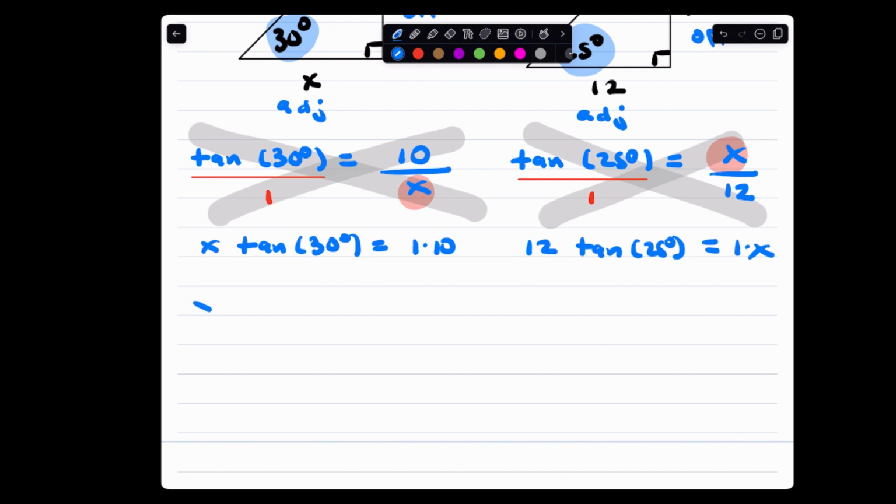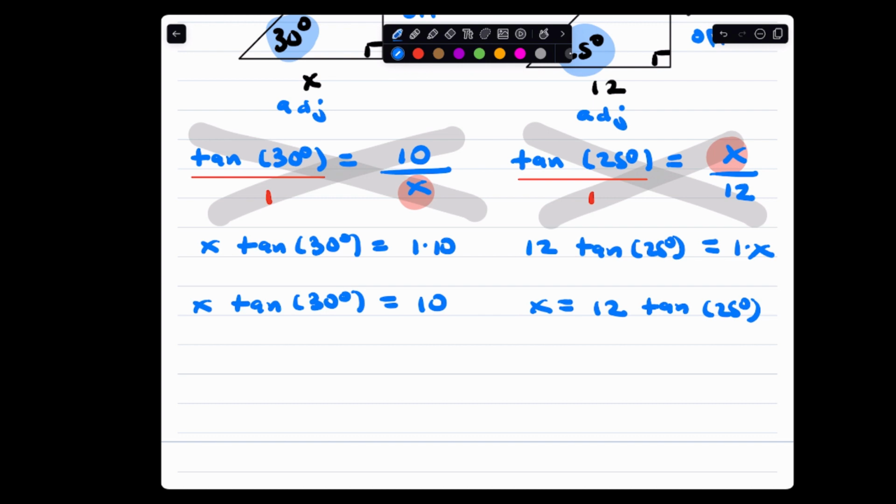So that your x tangent 30 degrees becomes 10. And then I'm going to say x is 12 tangent of 25 degrees. I'm going to do the J-Lo logic there. Remember, J-Lo is Jennifer Lopez. The word is short for is equal to, or is the same as. That's the symbol for is.